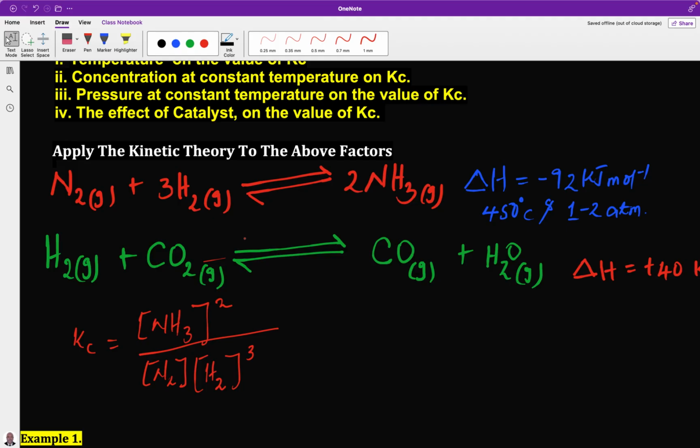It helps to lower the activation energy. It helps the reaction to go faster. It helps an equilibrium to be achieved within a short period of time. So it has no effect on the Kc.